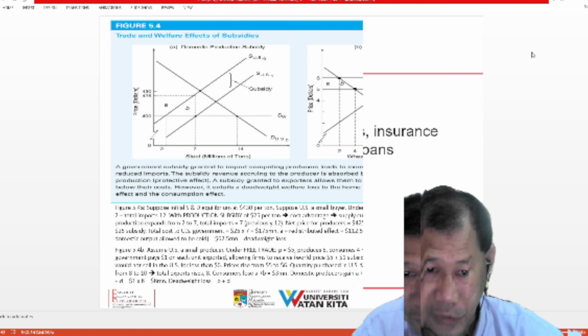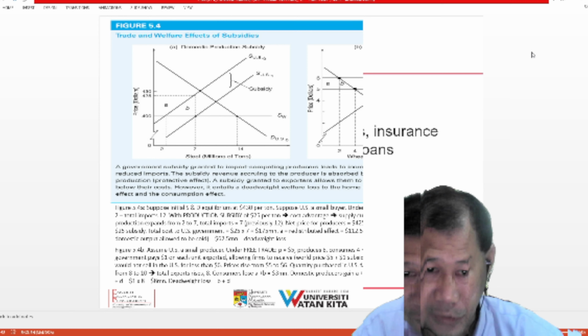So quantity purchased in the United States, this is the demand line, falls from 4 to 2 units.